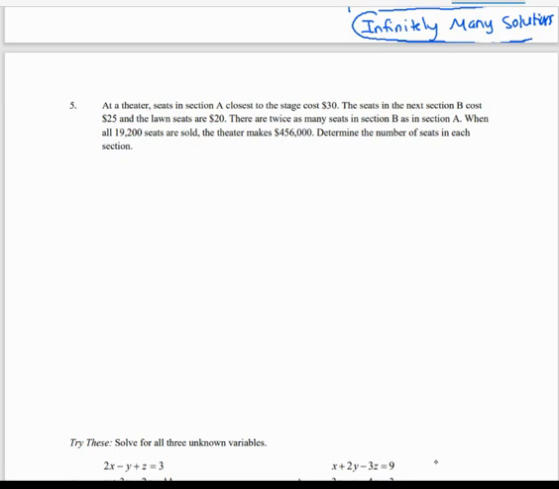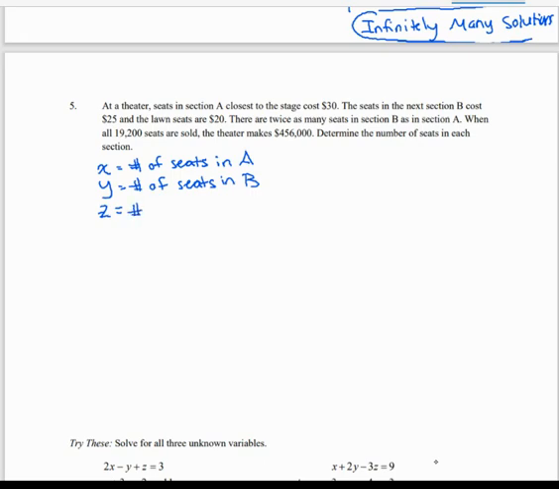Determine the number of seats in each section. So right away, we need to define our variables, and there's 3 of them. There's the number of seats in A, the number of seats in B, and then the number of lawn seats.